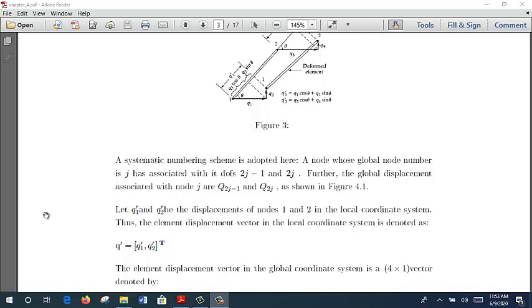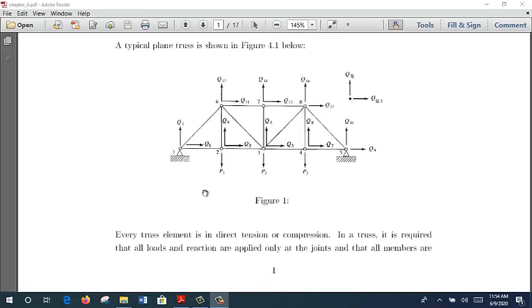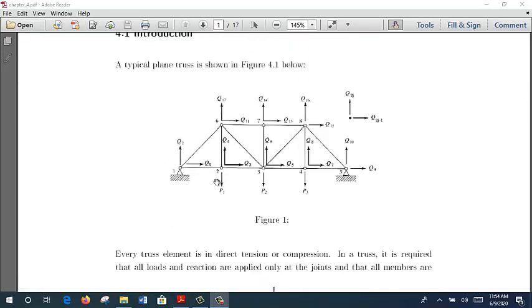A node whose global node number is j is associated with the degrees of freedom 2j minus 1 and 2j. Ini adalah bermaksudnya macam ini. When you look at the previous picture, for example, if you refer to node number 1, your first degree of freedom is 2 times 1 minus 1, which is 1.